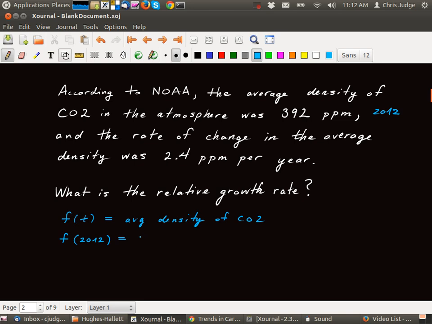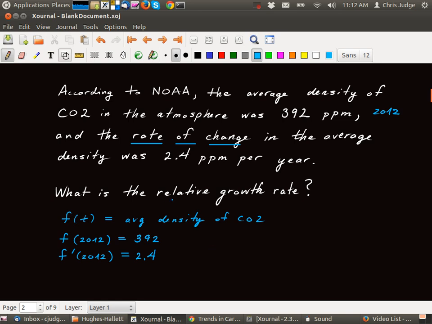That's equal to 392 parts per million. Now the second part, the rate of change in the average density was 2.4 parts per million. That's a derivative statement because I'm talking about the rate of change. So the derivative, f prime, in the year 2012 is equal to 2.4.